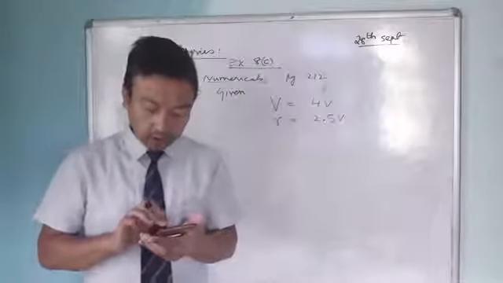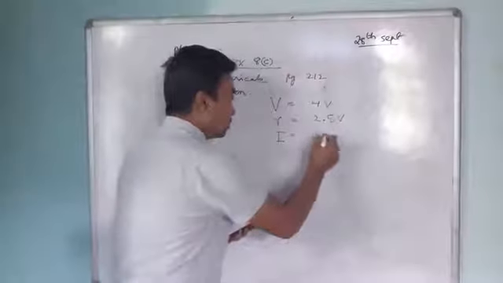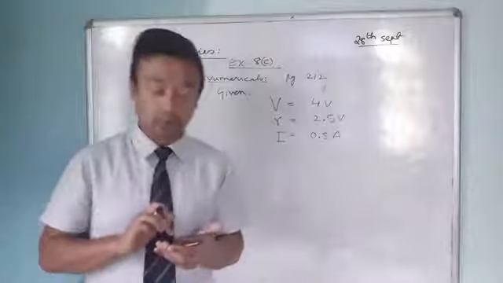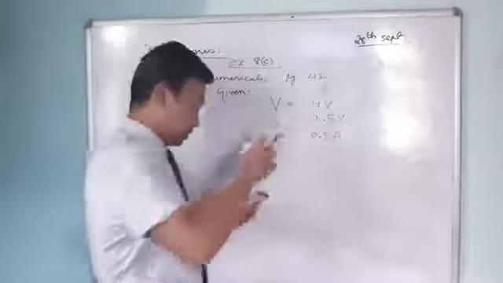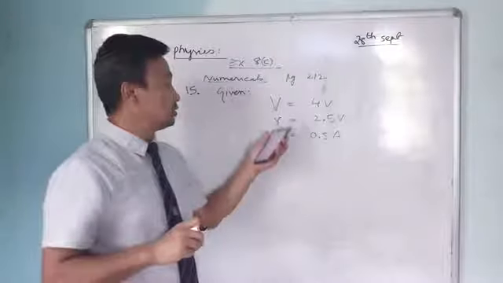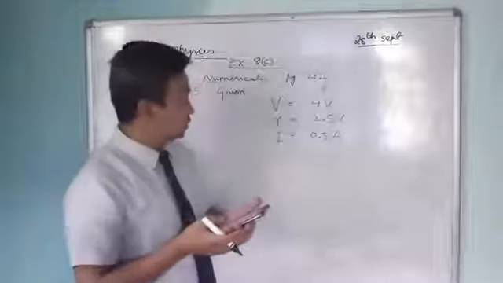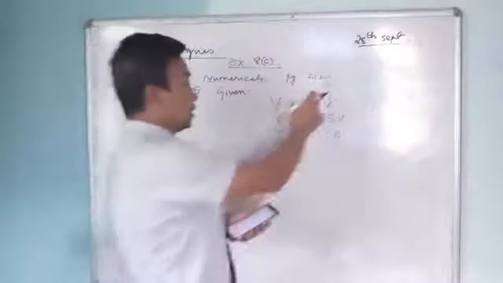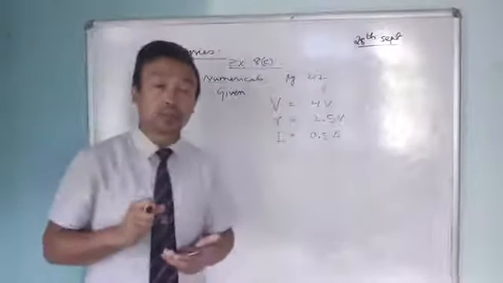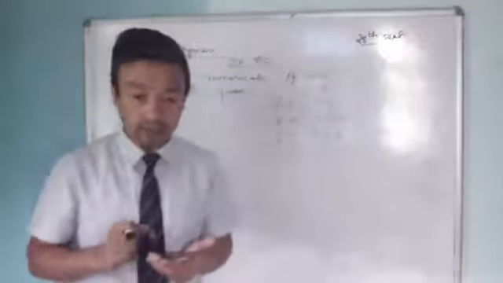A steady current of 0.5 ampere flows through the circuit. In the cell you have got an internal resistance given by small r, and from there a steady current is flowing, 0.5 ampere. And this is the total potential difference, which is the EMF of the cell.